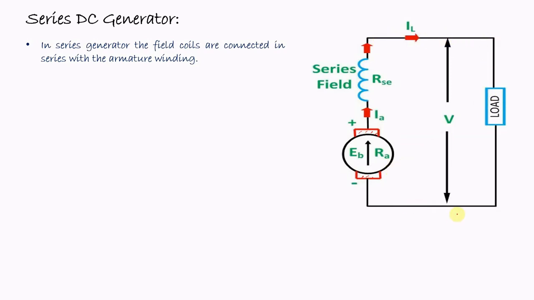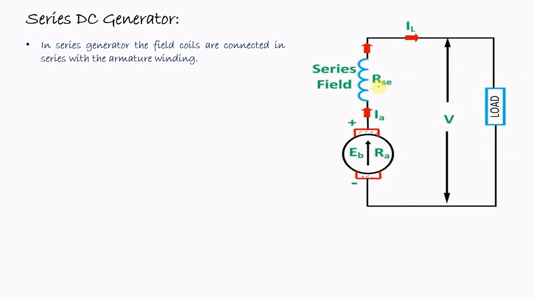So if we consider here, each and every part is connected in series. The armature or the rotor winding, the stator winding or the field winding, as well as the load, all are connected in series. So it makes one complete closed loop. The resistance of the armature winding is represented as Ra.